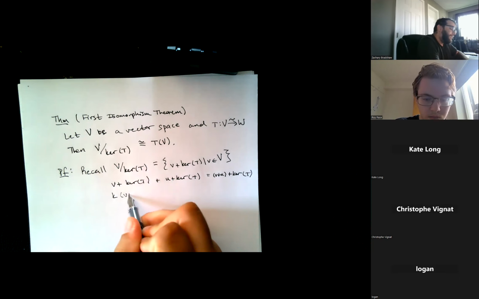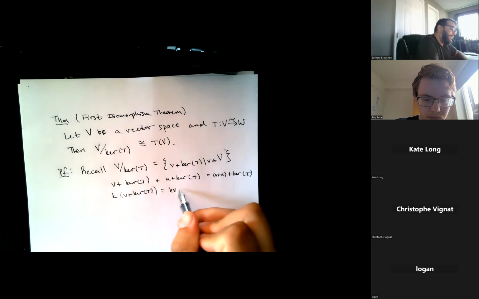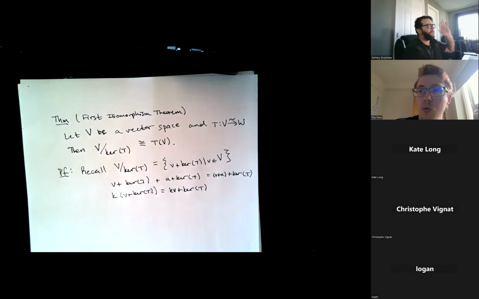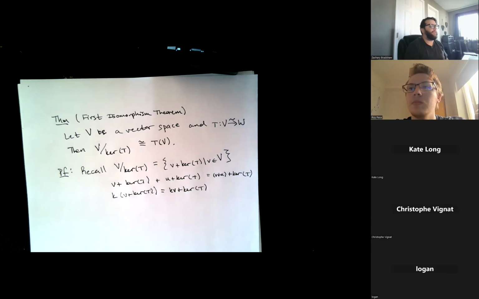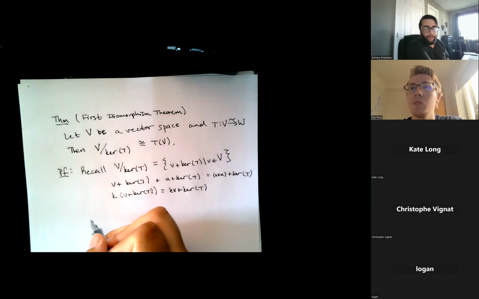So k times (v plus kernel of T) is k times v plus kernel T. Right? And you can show this thing satisfies all the properties of a vector space. I won't go that much in detail, but all you're doing is checking down a list, so not hard to do.